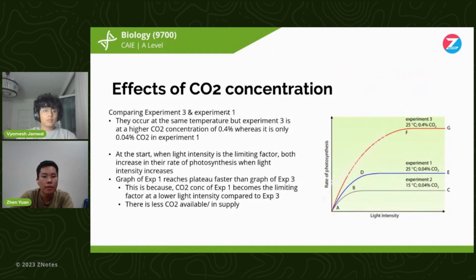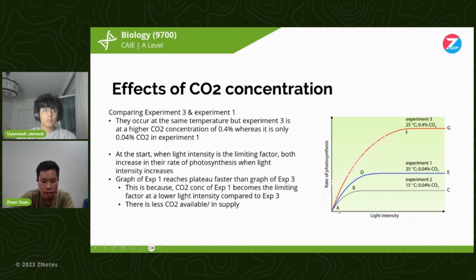So effects of carbon dioxide concentration. Let's take a look at this graph and compare experiment 3 and experiment 1. Why is that? Well, they occur at the same temperature, 25 degrees Celsius, but at different concentrations of carbon dioxide.